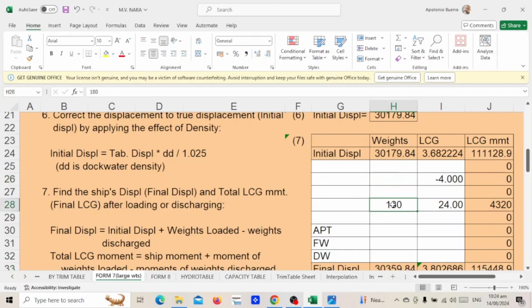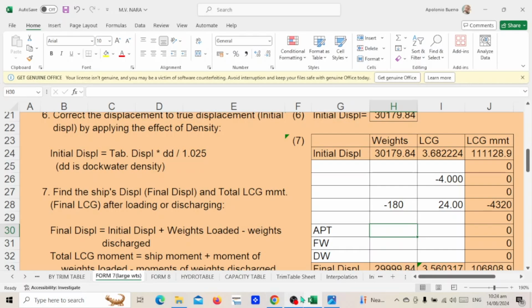This should be negative because you take out, no? It says which discharge is negative. So this should be negative. I should correct myself. I'm sorry. This should be negative. Enter.